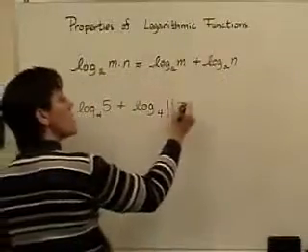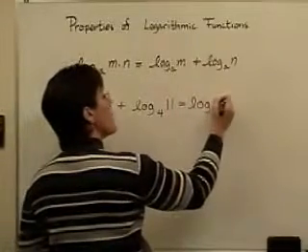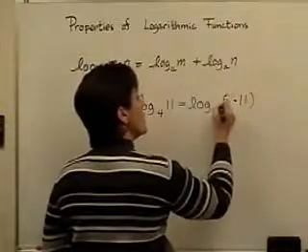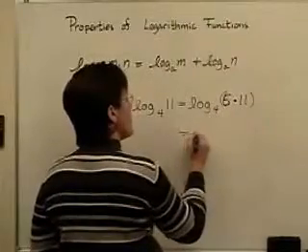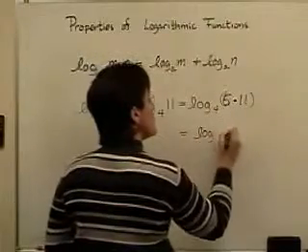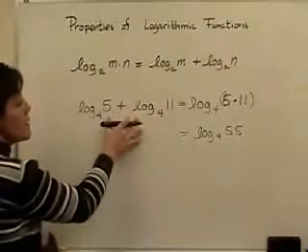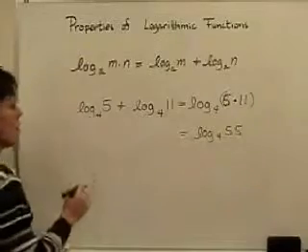So I'm going to write this as the log of the product of those two values, the 5 times the 11, where the base is 4. And 5 times 11 is 55, and I'm all done. I've written the sum of two logs as the log of a single log.